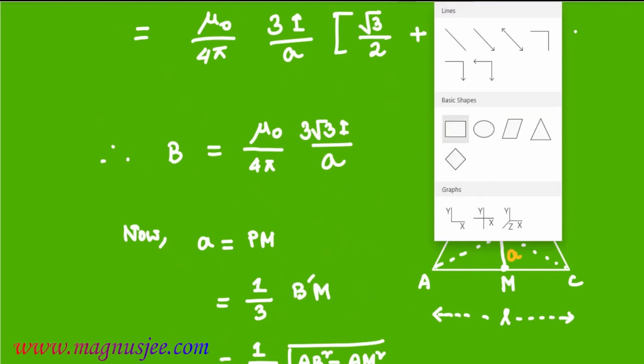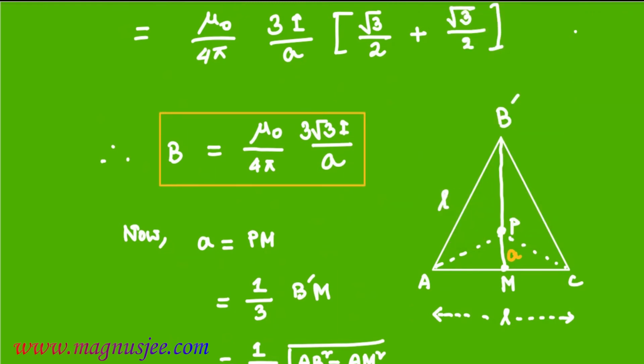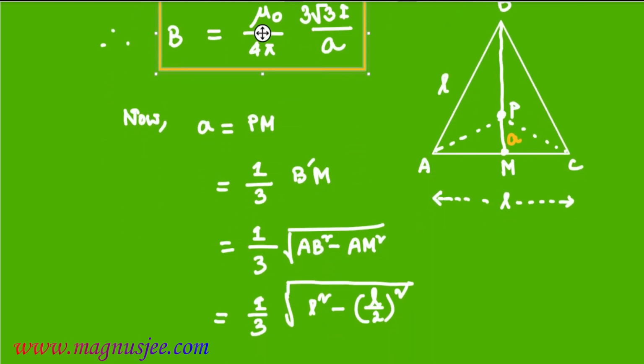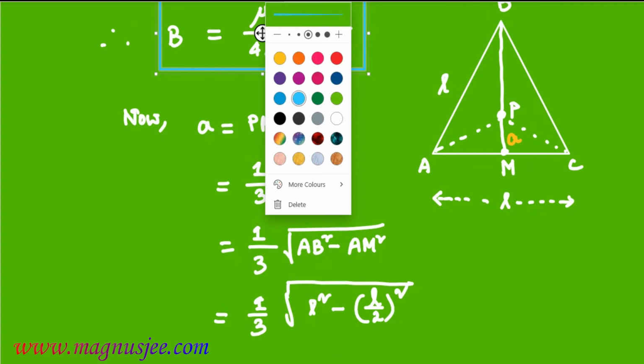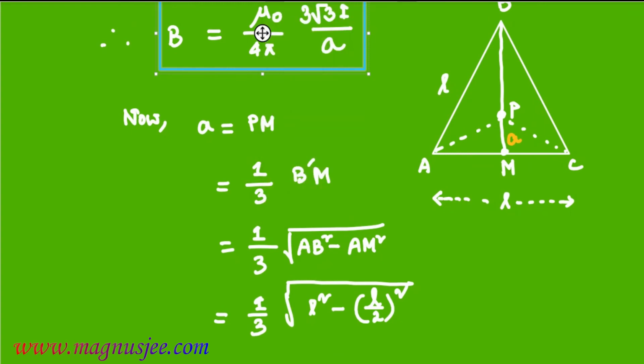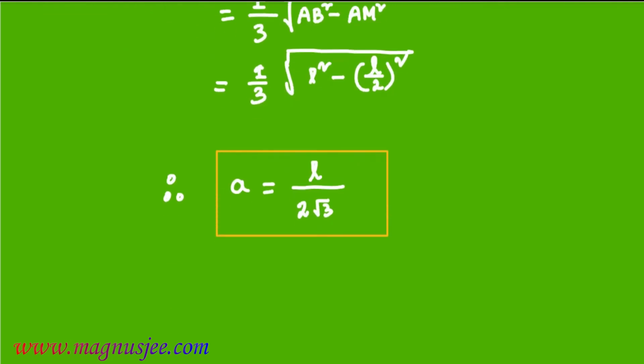Now we can put the expression of the resultant magnetic field induction, which was mu 0 by 4 pi 3 root 3 I by A. Putting the expression of A in that equation, A equals L by 2 root 3.